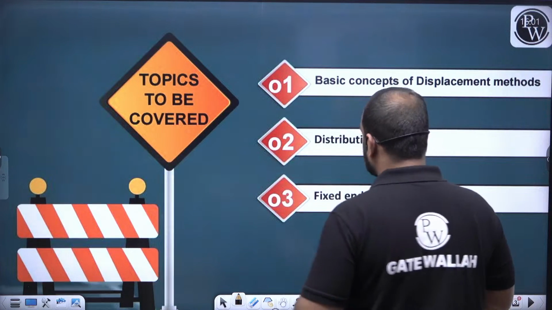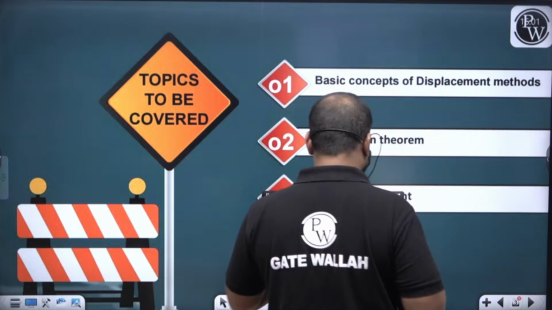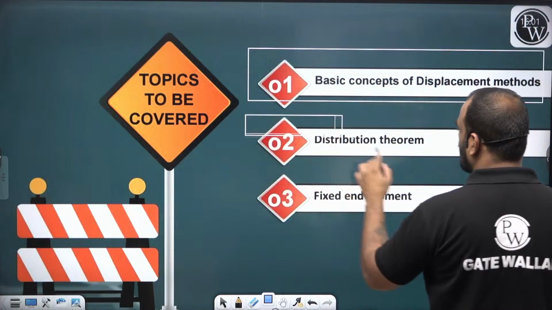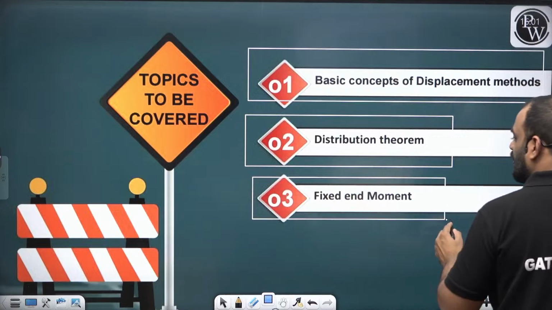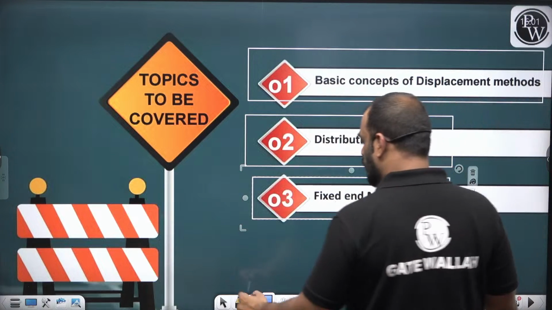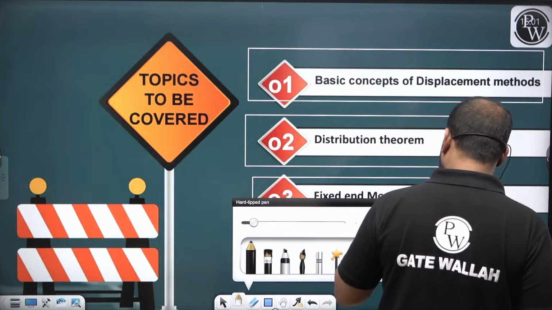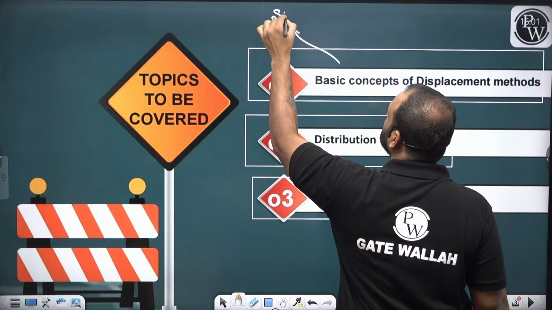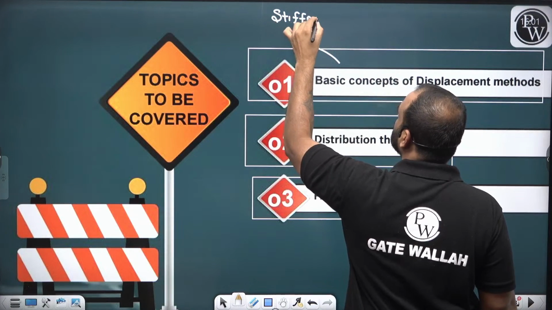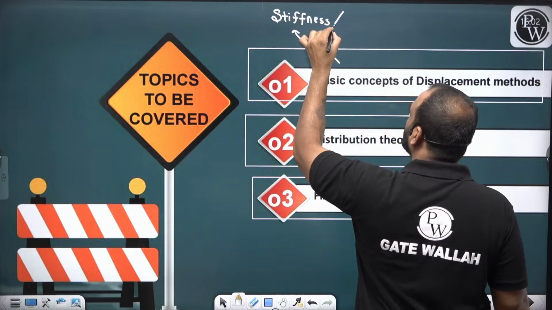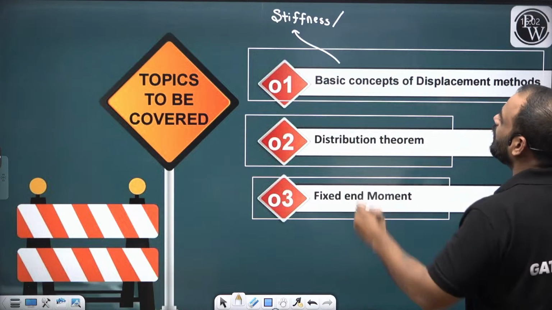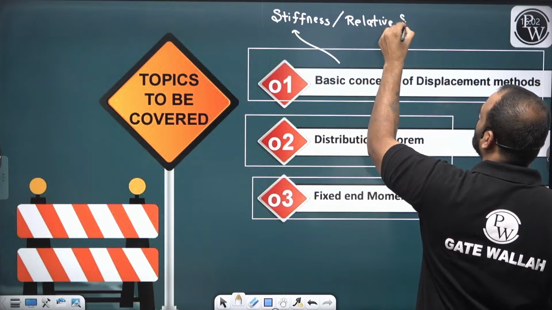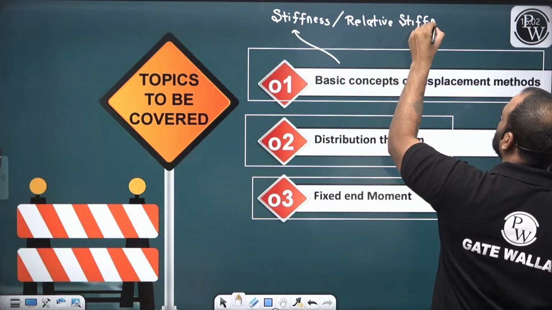So in this particular session, basically we will try to cover the basic concept of the displacement method first, then we'll discuss the distribution method, the distribution theorem, then the fixed end moment. In the basic concept, let me explain first what the topics are. So guys, in basic concept we'll discuss what you mean by stiffness, what is the meaning of stiffness, and what you mean by relative stiffness.